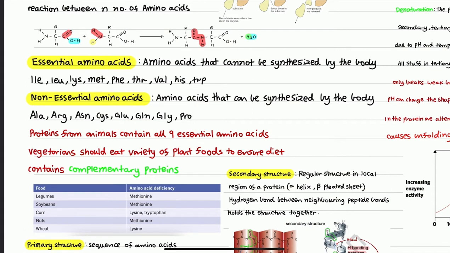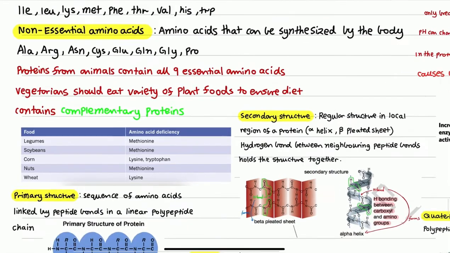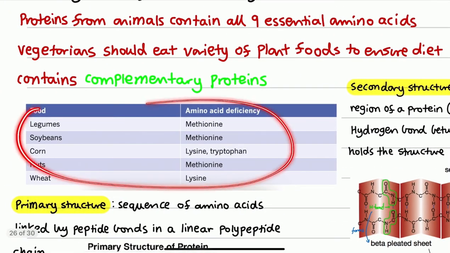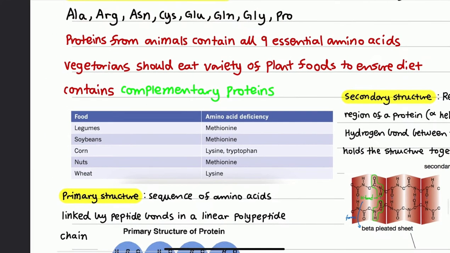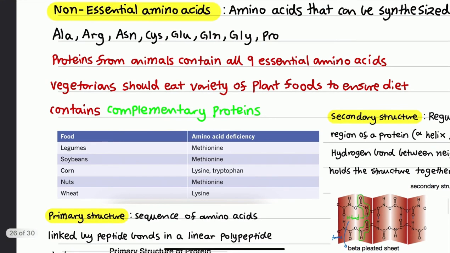And if you're vegetarian, then these amino acids can be attained from a variety of vegetables to cover a balanced diet, as one type of vegetable usually lacks some amino acids, as shown here in some examples. But the easiest way of attaining those essential amino acids is going to be just eating animal products, as they provide the complete set of essential amino acids that you require.